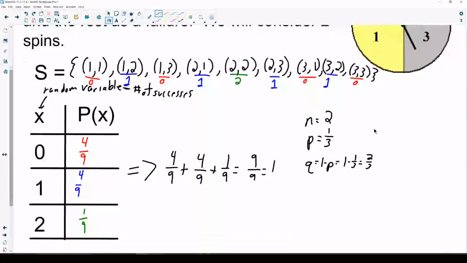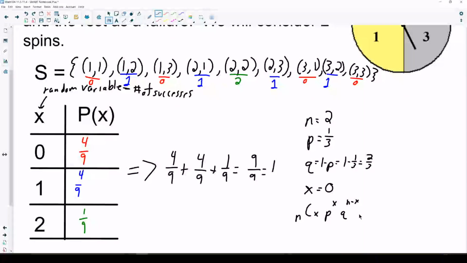Now, since I'm doing x equals 0, the 0 number of successes, well, I want 0 successes, so that's my x. And now I can simply plug it into my formula. So I have nCx times p to the x times q to the n minus x.